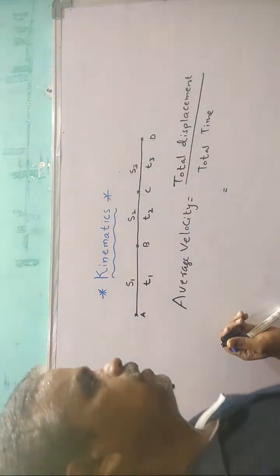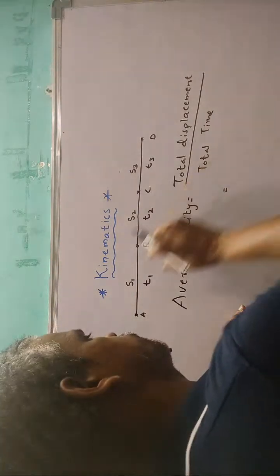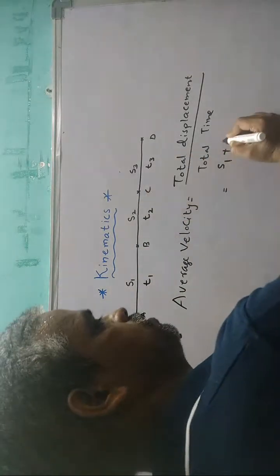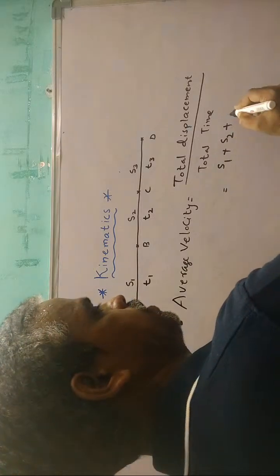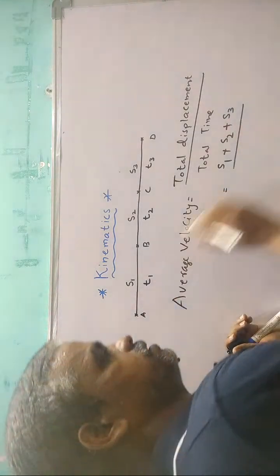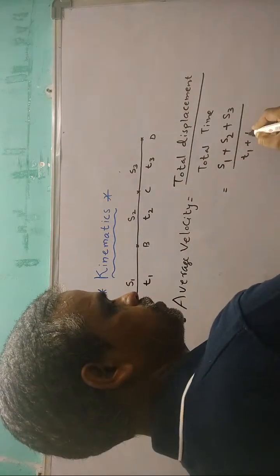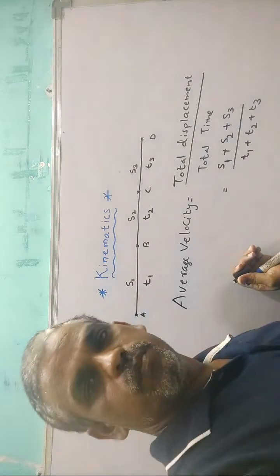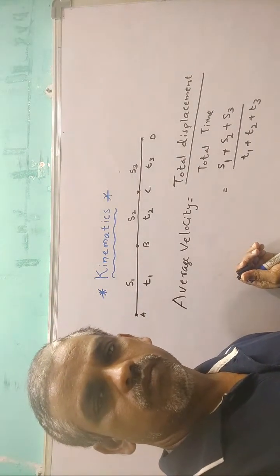Okay, here total displacement, first one S1 plus S2 plus S3, total time taken T1 plus T2 plus T3. This is a simple formula you have here.